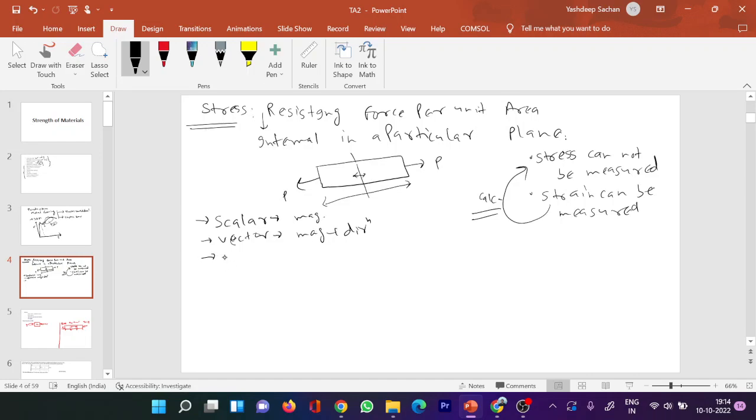Now coming to the tensor. Scalar is a zero order tensor, vector is a first order tensor. I will show what the meaning of tensor is. What is a second order tensor?